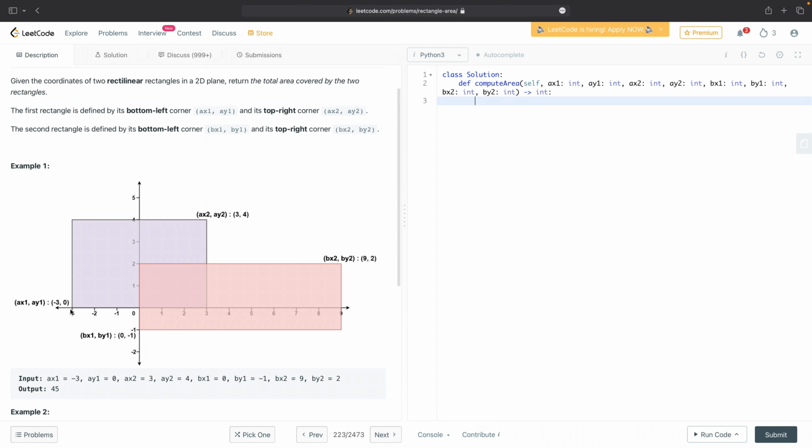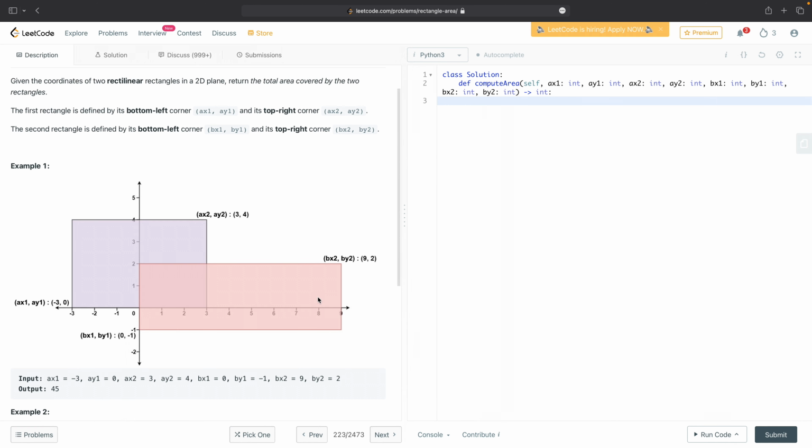So that's -3 to 3, so that's a 6x4 area. And this one is covering a 9x3 area.